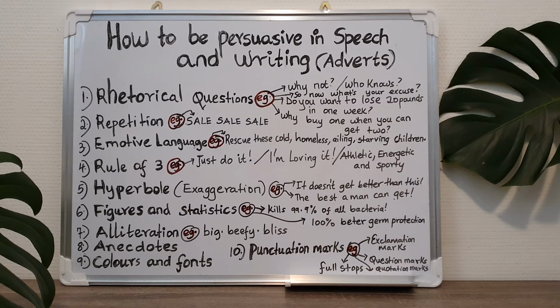Now, look at the example. Rescue these cold, homeless, ailing, starving children. This is very often used in adverts on television where they want people to contribute money to different charities.